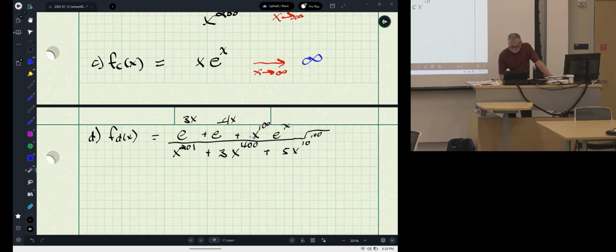This is positive, this is positive, so we have two things getting very large, and this is getting very small. And so the answer is, it also goes to infinity as x goes to infinity. And you would have done the same brilliant analysis, yeah? So, absolutely, okay.